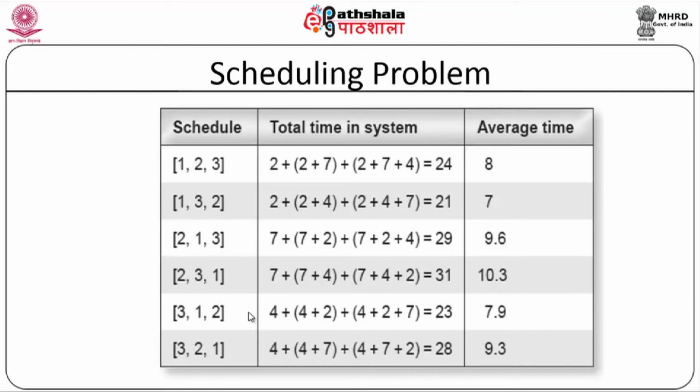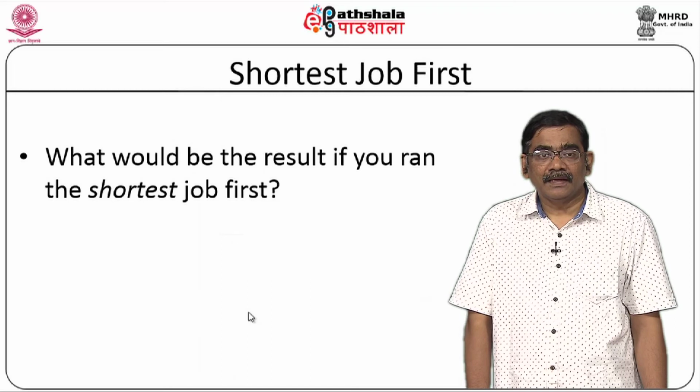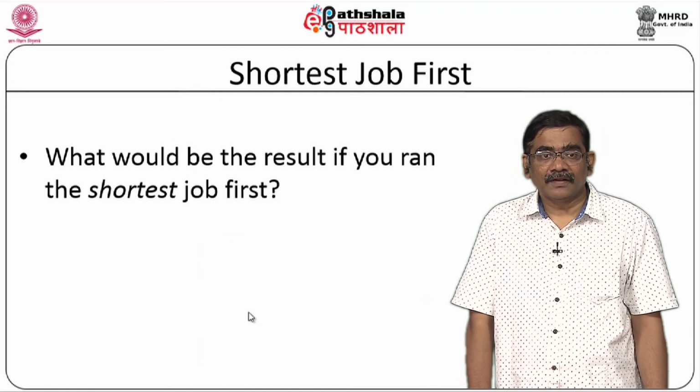The logic is very simple: I should be allowed first because my job has a lesser run time than his. This sort of scheduling will guarantee the optimal solution. So, the logic is very simple: shortest job first.